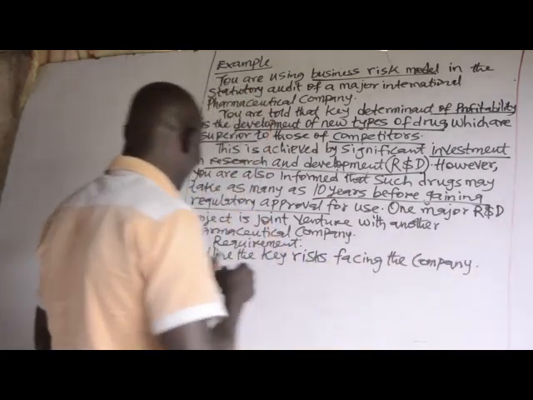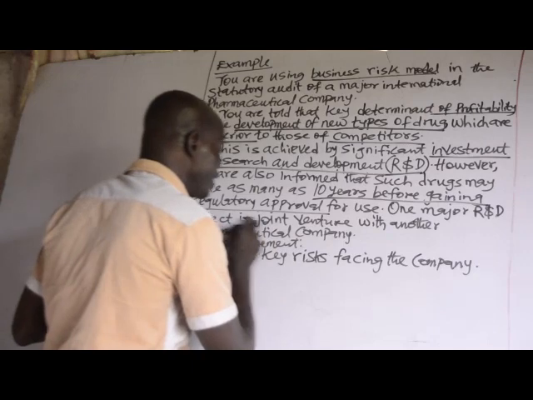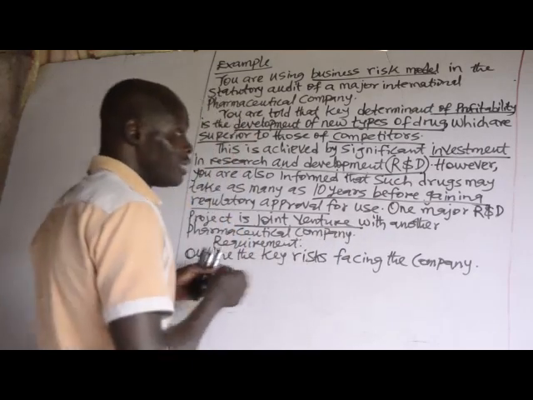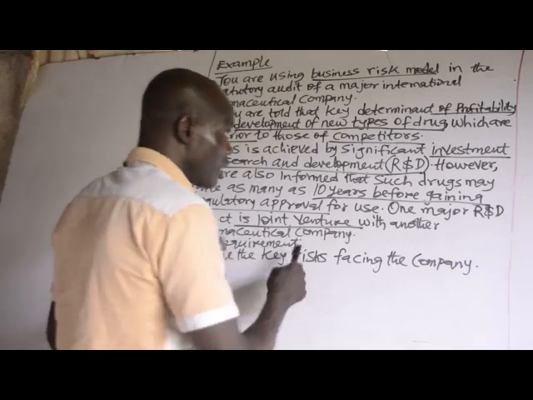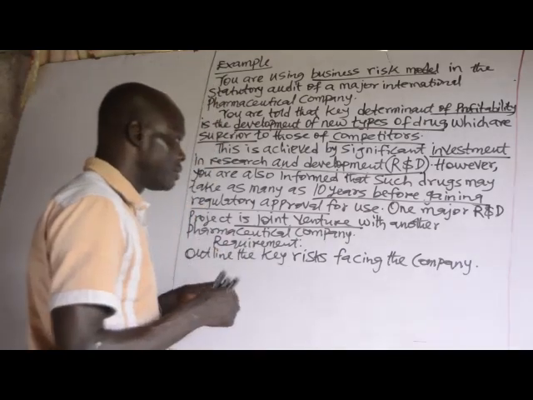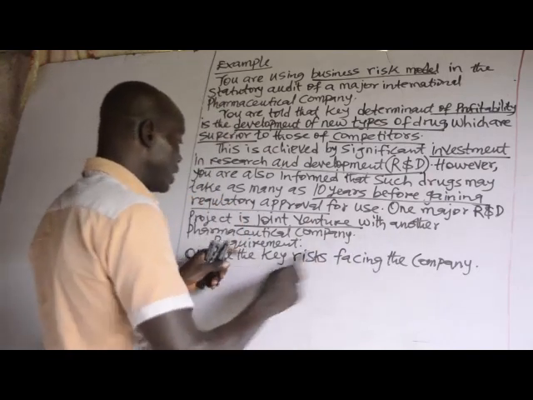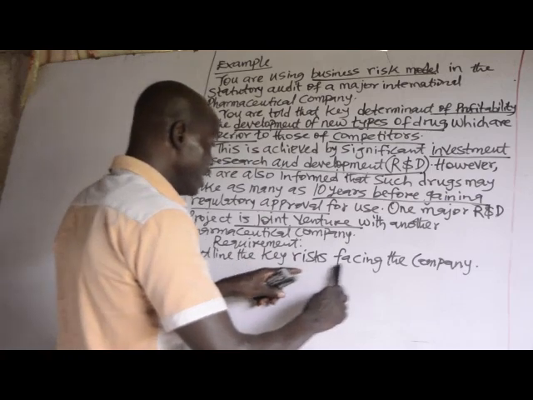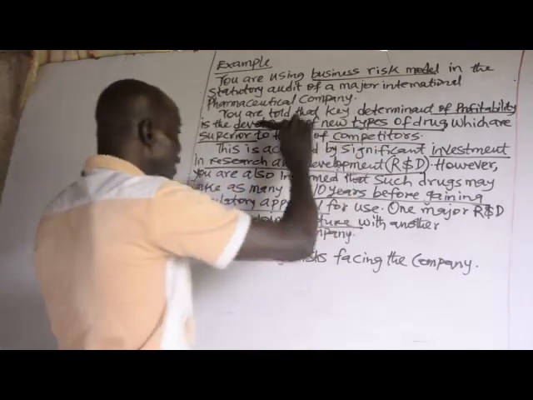One major research and development project is a joint venture. What if it is not successful? Or what if the joint venture with another pharmaceutical company fails? So it is also a risk. Now you have to identify the key business risks facing this company.